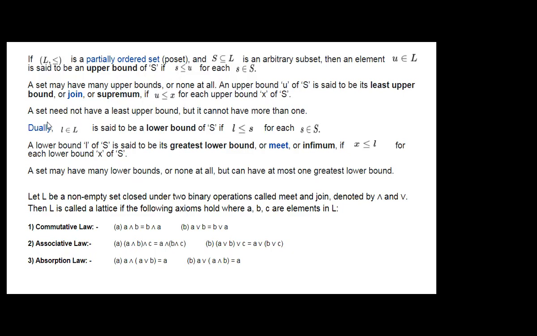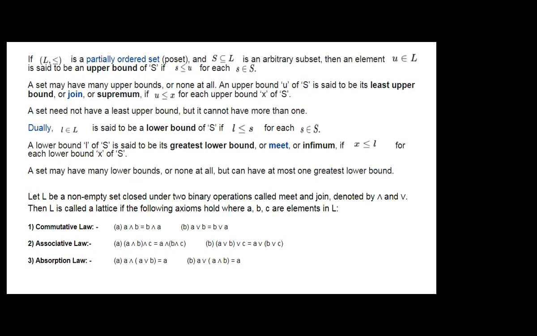Then the next point is that a set need not have a least upper bound, but it cannot have more than one.